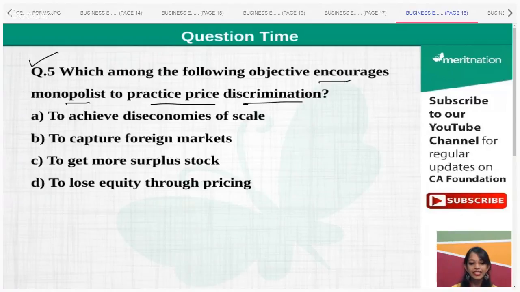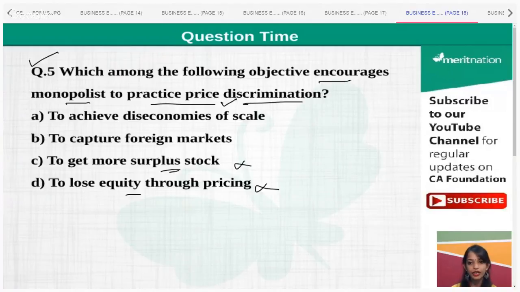See, guys, if a monopolist is engaging in price discrimination, that means he wants to sell off his inventory, right? Why would he like to get a higher surplus? He would be willing to sell out his stock, so this is not the correct answer. Nobody wants to lose equity.